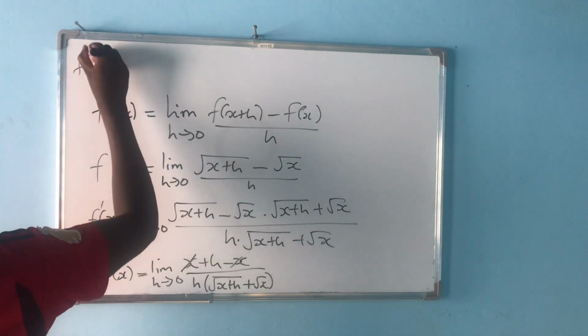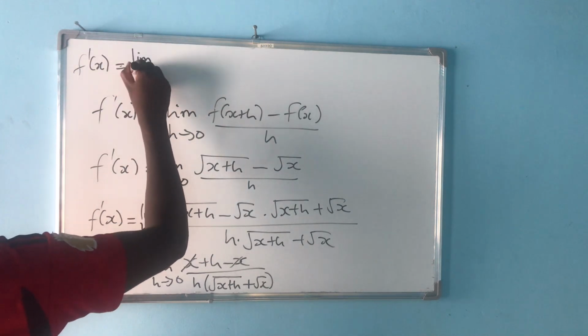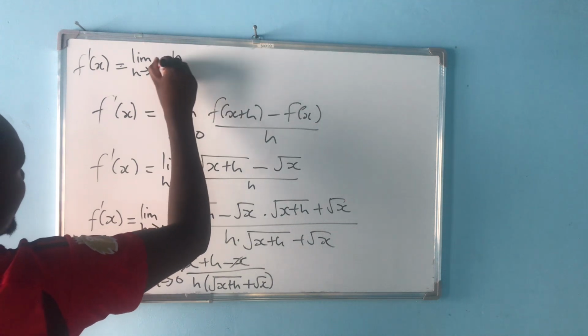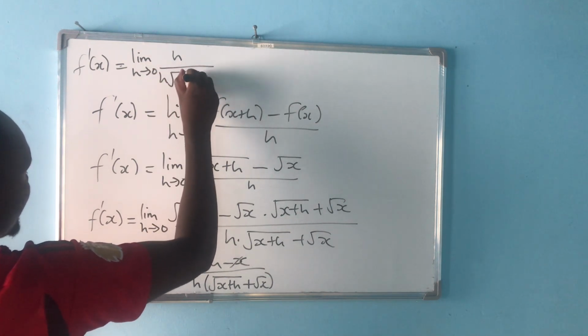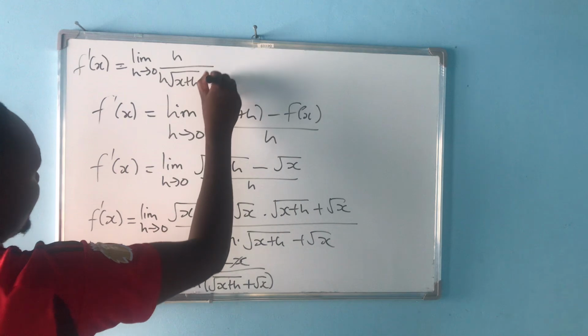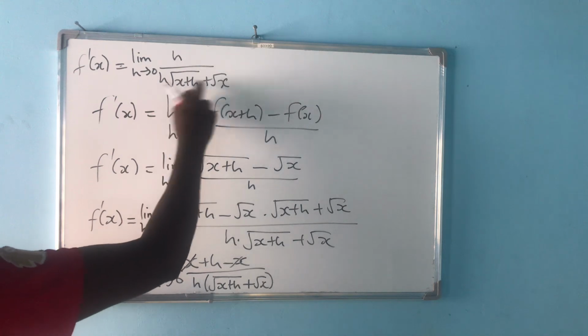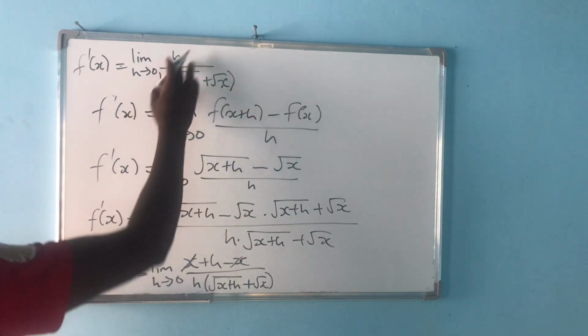So f prime of x will equal the limit as h approaches 0 of h over h times the square root of x plus h plus the square root of x. We can see that we have h multiplied to these two quantities, the h here and the h up.